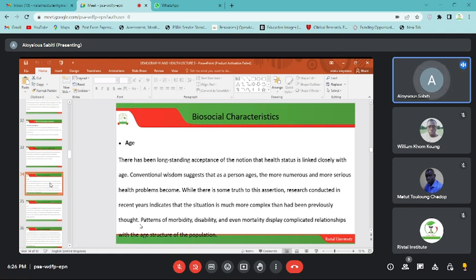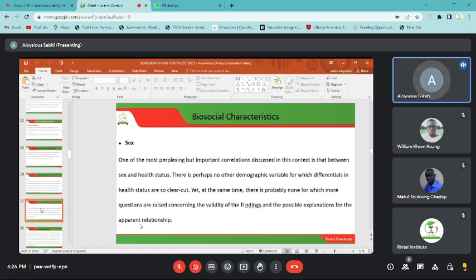Another biosocial characteristic that influences an individual's health status is what we call sex, one of the most perplexing ones, but it is also a very important correlation. In the context of sex and health status, it is very key in trying to explain some of the trends in health status.